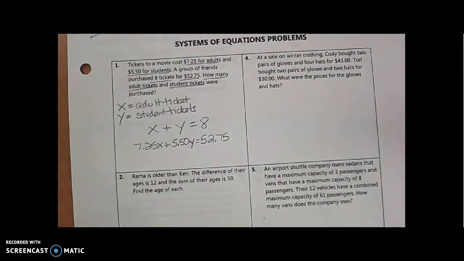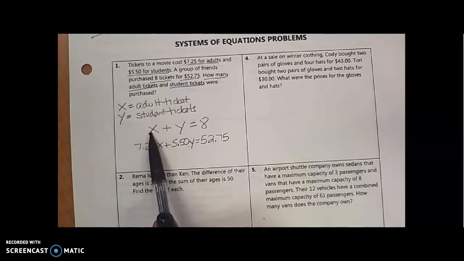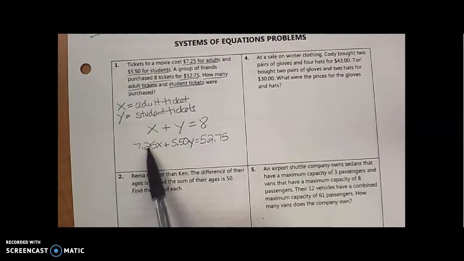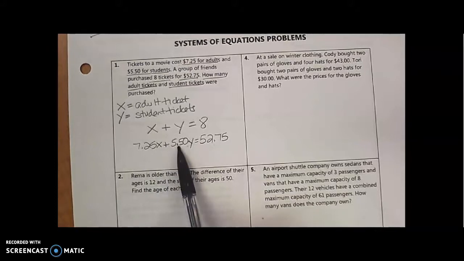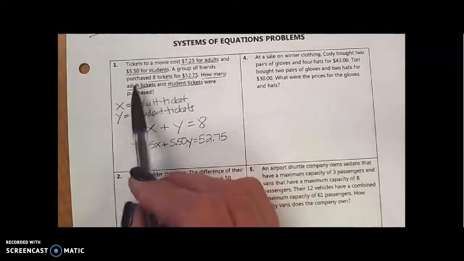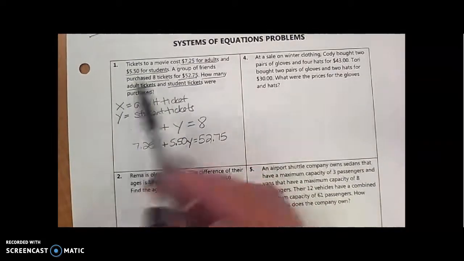So there's our systems of equations, okay? Adult tickets and student tickets totaled 8 tickets. The adult tickets were $7.25, so $7.25 times X plus $5.50 times every Y, which is a student ticket, was this total money. It's asking us how many adult and student tickets were purchased.